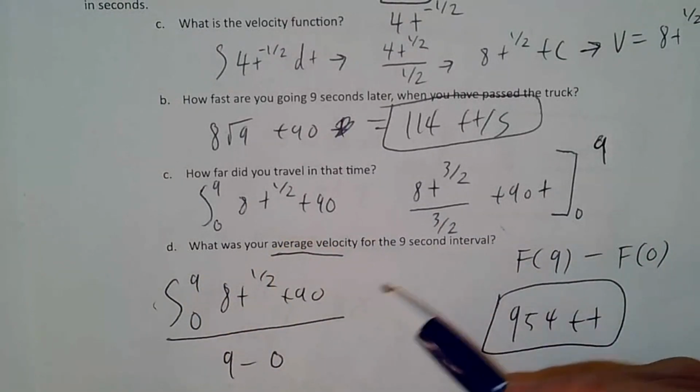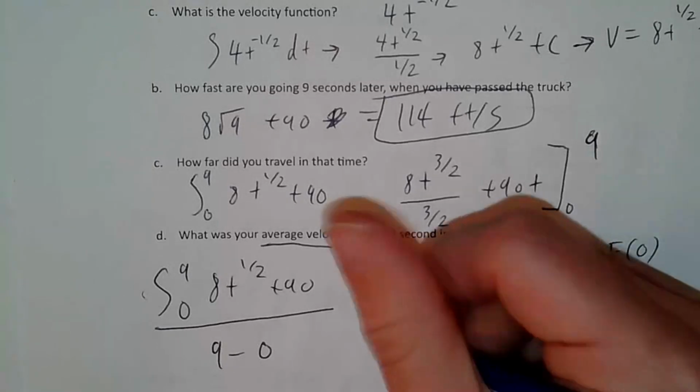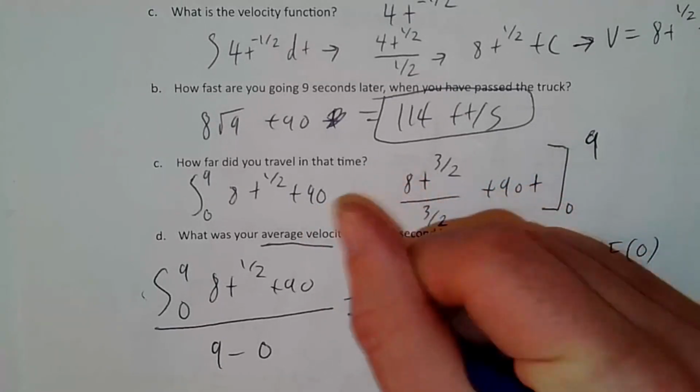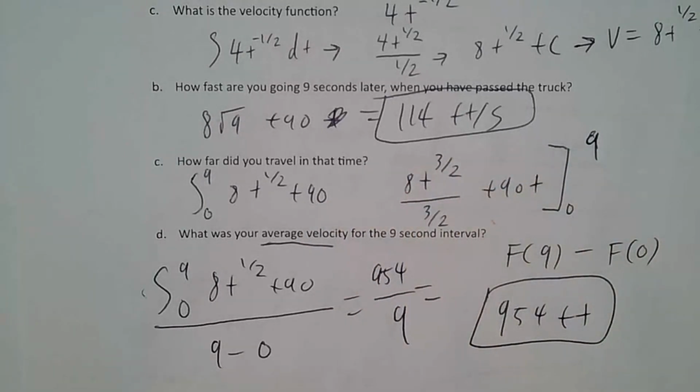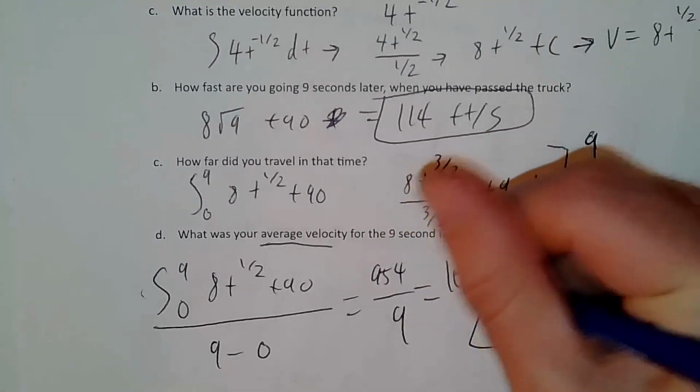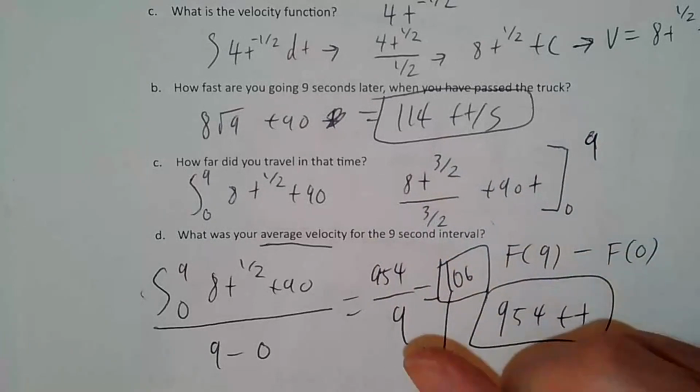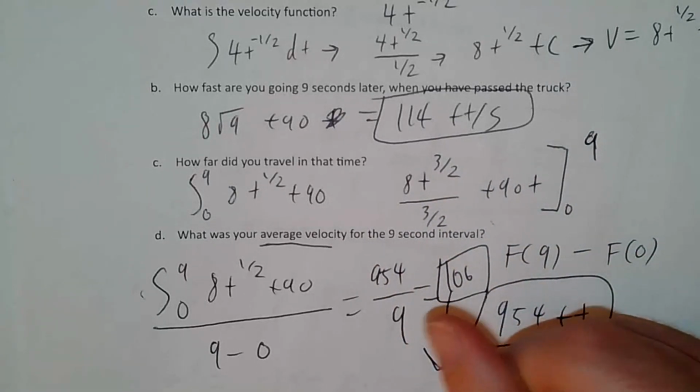So luckily, I've just found that numerator, which is 954. So it's just 954 over 9. So 954 over 9 is 106. So that was my average velocity.